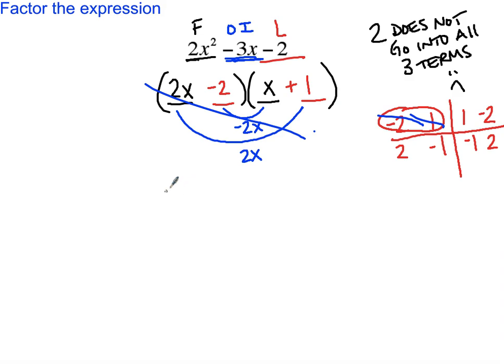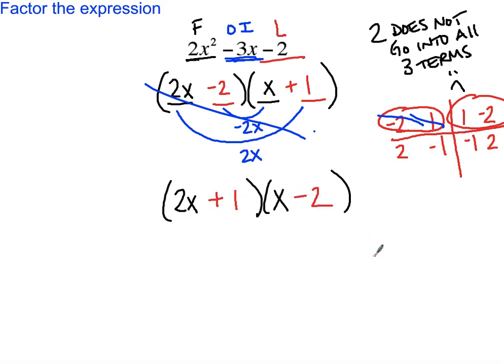So let's try again. Set it up with our 2x and our x. And now maybe let's try this combination. So let's put a +1 and a -2. And we got to check our outsides and our insides. The outside 2x times -2 would be a -4x.